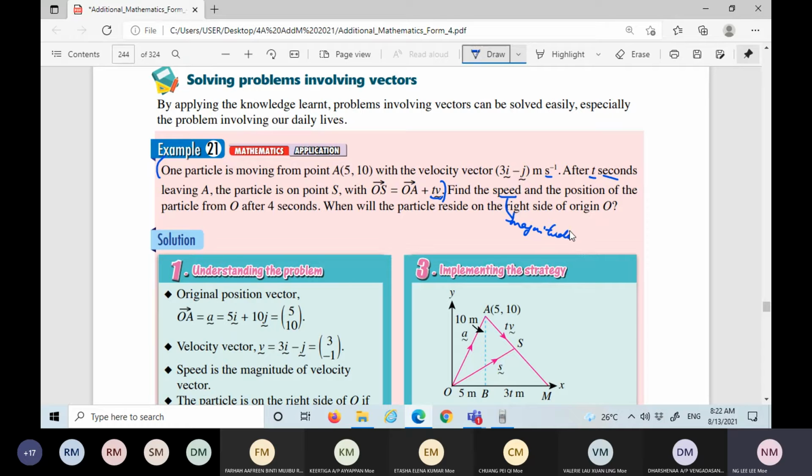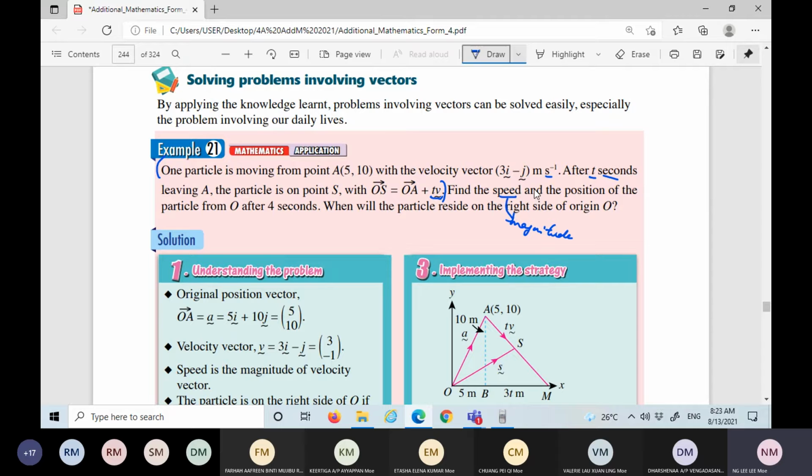At the beginning of the chapter, what do you learn? Vector and scalar. So velocity is a vector and speed is a scalar. So this is actually want to find the magnitude of the velocity, because it will not involve the directions.